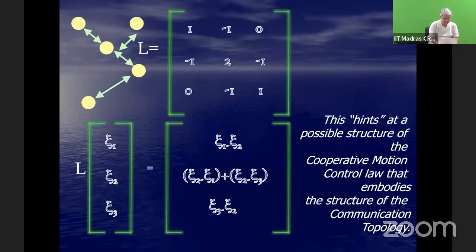Now, the interesting thing is when you apply the Laplacian to this vector, you get psi1 minus psi2, psi2 minus psi1 plus psi2 minus psi3, psi3 minus psi2.